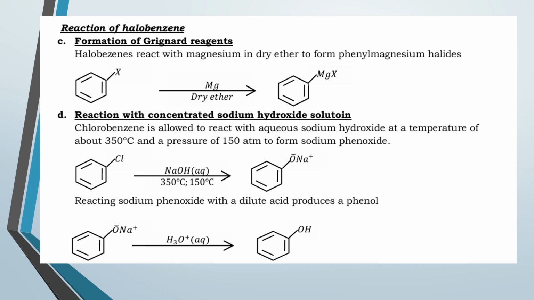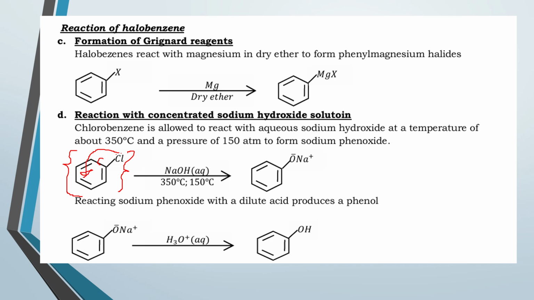So having looked at the preparation, let's also look at the reactions that halobenzene can undergo. Remember, I told you in the previous video on benzene and its derivatives that when benzene is connected to a halogen atom, the bond between carbon and chlorine is very strong, simply because the lone pairs of electrons on this halogen atom interact with the pi electrons in the benzene ring.